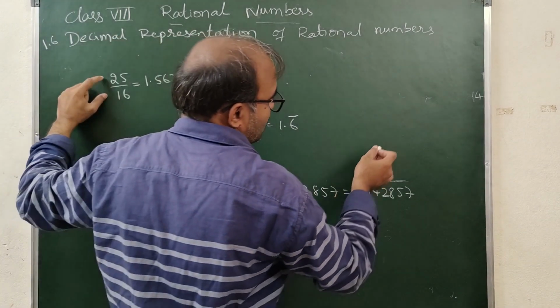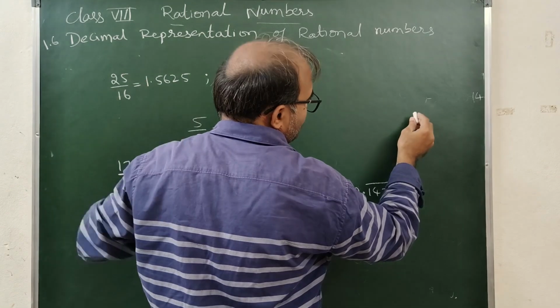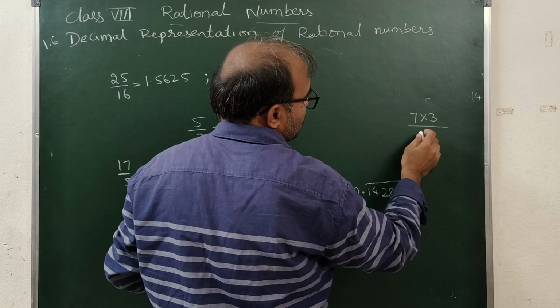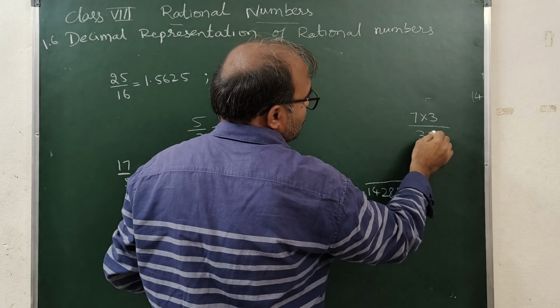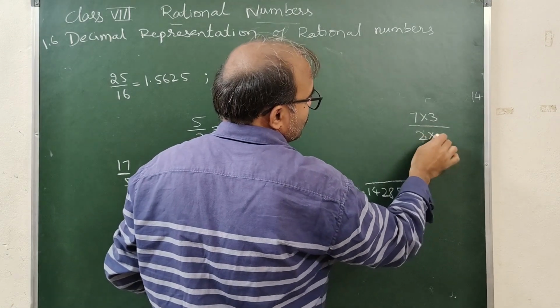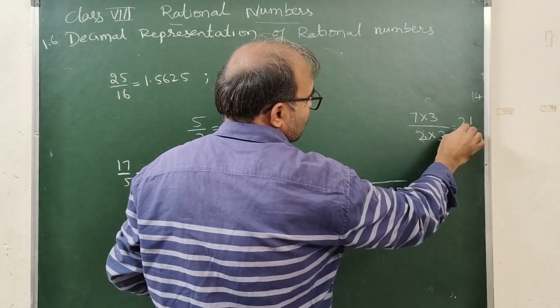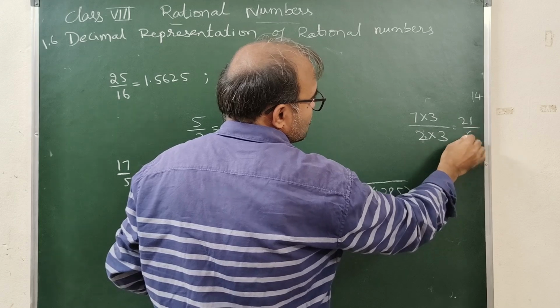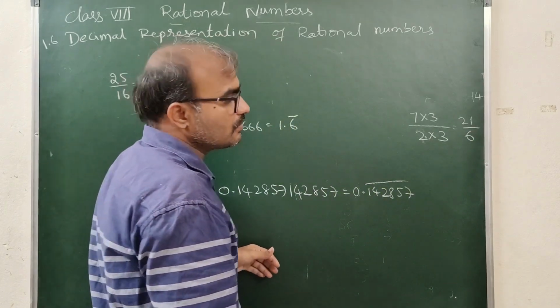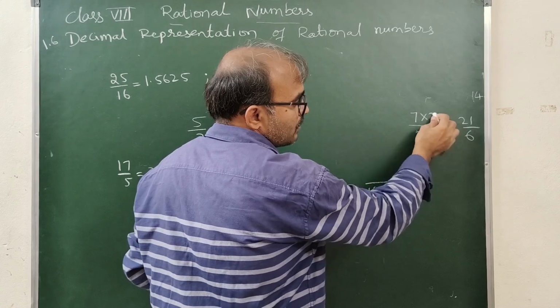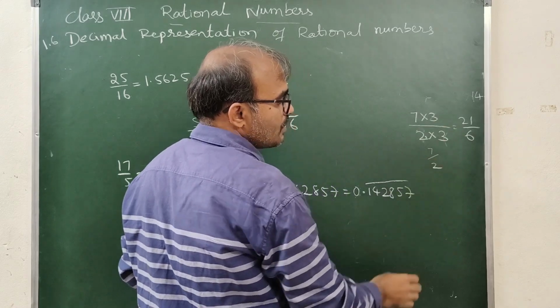So if you see this, 7 into 3 by 3 into 2, right? So 7 threes 21, 2 threes 6. So the simplest form of this 21 by 6, if we cancel this common factor 3, is 7 by 2, right?